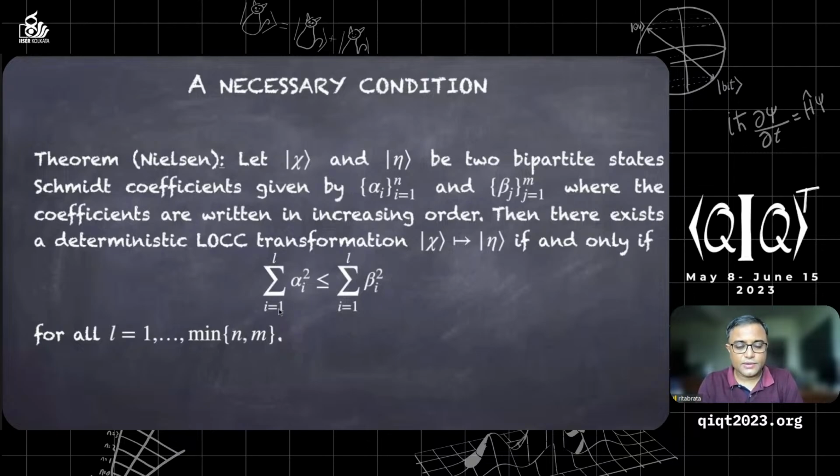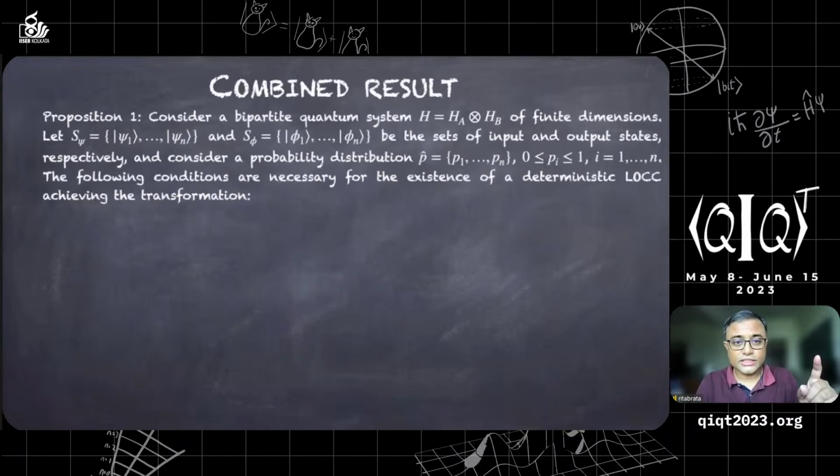That the summation of i equals 1 to l of alpha i squared is less than or equal to the summation of i equals 1 to l of beta i squared. So this is what is called the Nielsen criterion. This condition must hold if I want to start, right? Because I want to have, let's say, n input pure states and n output pure states. For each pair of these input and output states, this condition should hold, right?